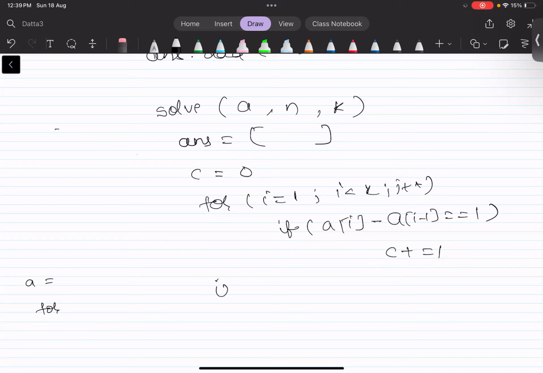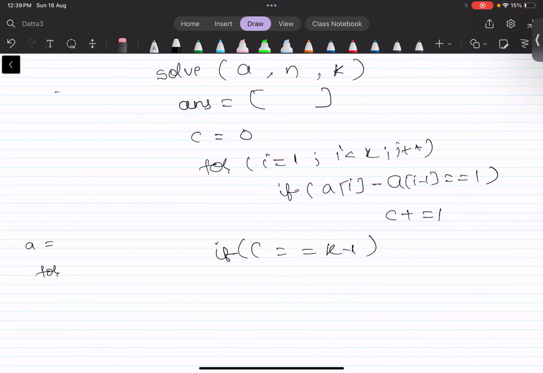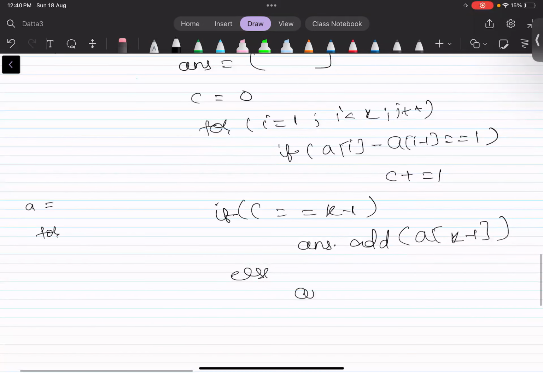Now, if my C is equal to k minus 1, in that case my subarray starting from 0 will be increasing, right? So in that case, my power will be the element at index k minus 1, so I'm adding a of k minus 1. Else, I'm going to add minus 1 as the answer.